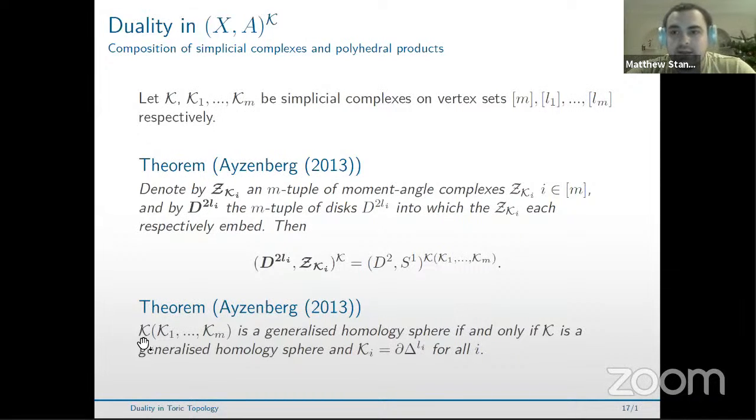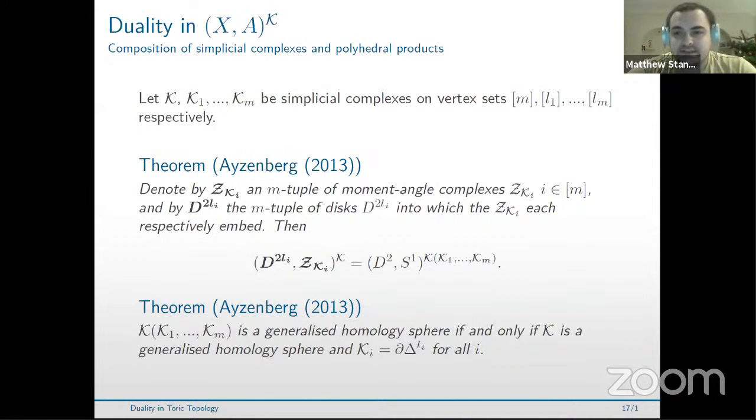So that is the triangulation of some sphere of dimension Li for all i. So it's not enough that K and each of the Ki is a generalized homology sphere. We actually want more. We want that K is a generalized homology sphere and each Ki is the boundary of a full simplex.